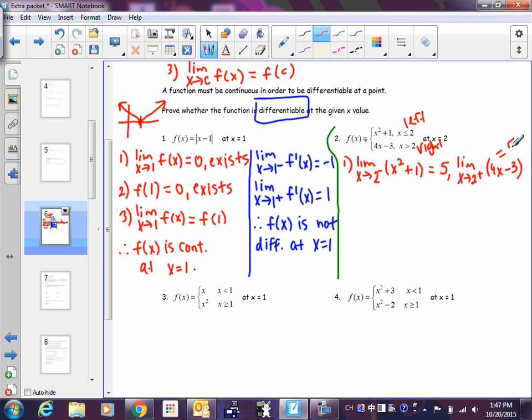That also equals 5. Because the left-sided and right-sided limits are the same, I can go forward. What if they had been different? You'd stop right there. You'd say the limit doesn't exist, not continuous, not differentiable, move on to the next problem.